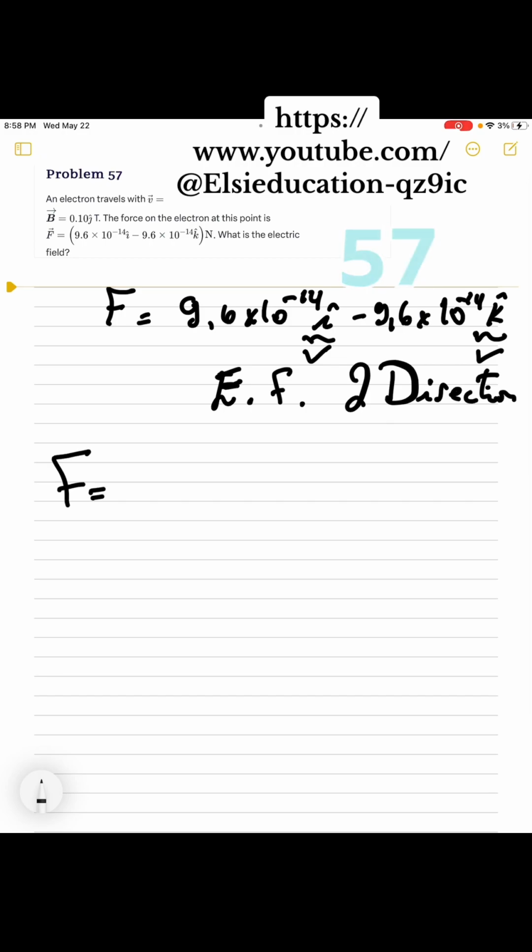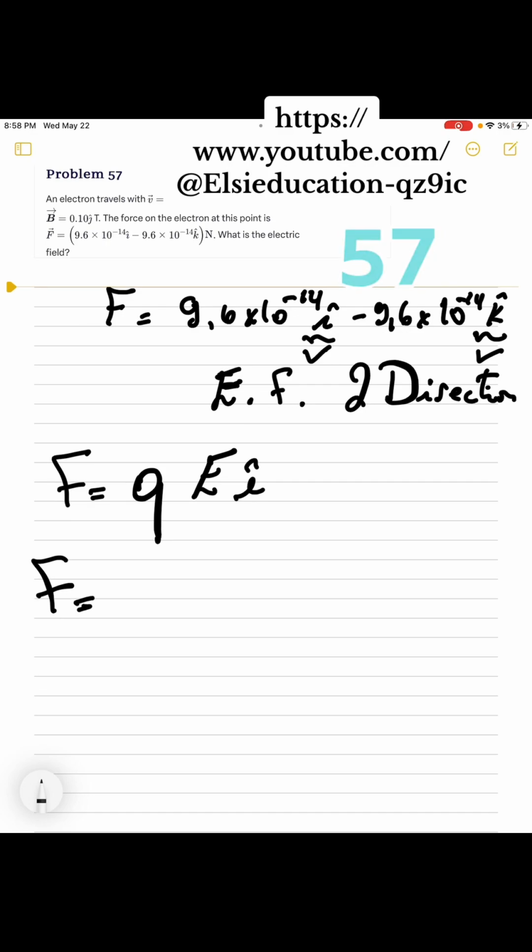Usually the magnetic field is perpendicular to the electric field, but if the answer is going in the same direction as the speed, we need to find what is the electric field in that direction. Well, let's put it this way. First, I'm going to use this formula: force equals charge times electric field, because it's in the same direction.